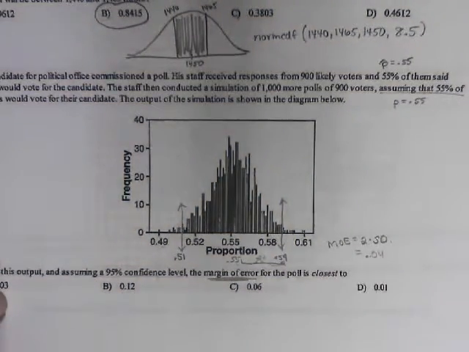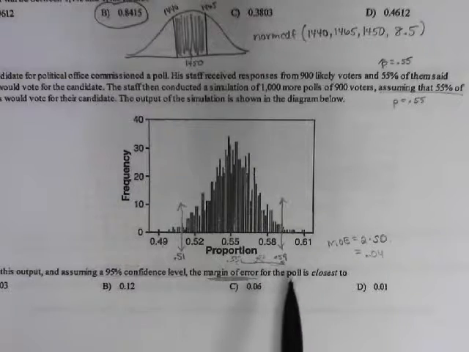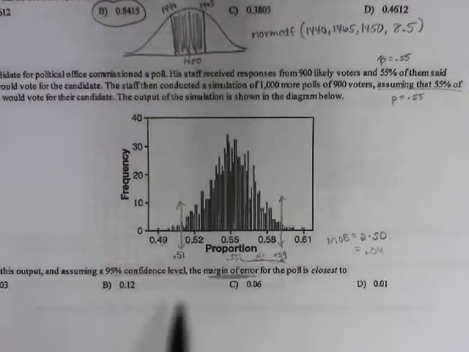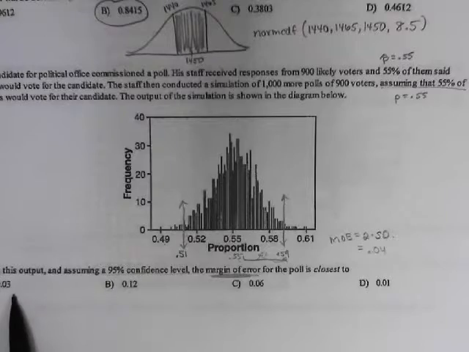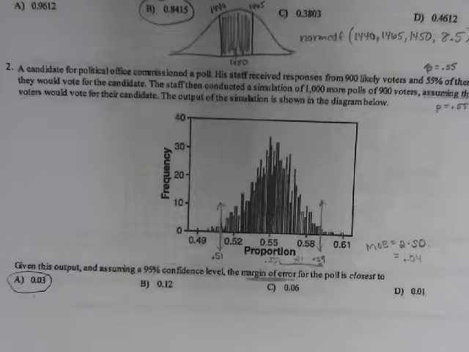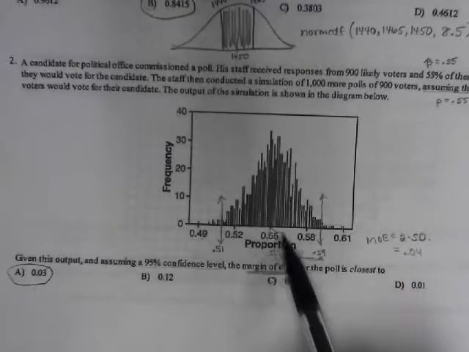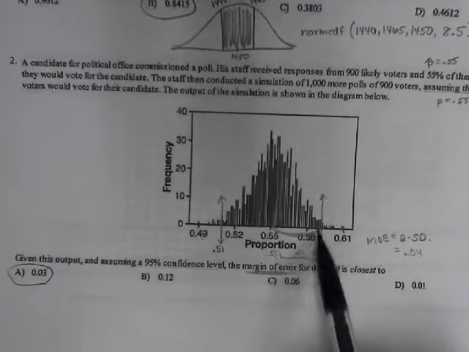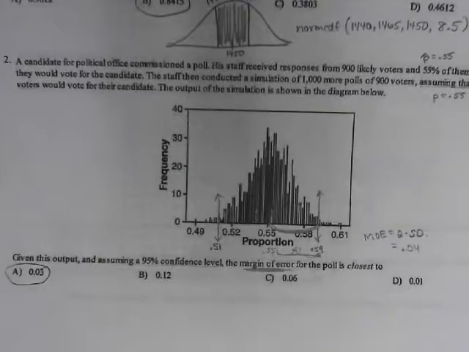So your margin of error is just 0.04, and it does say closest to, and so 0.04 is closest to 0.03. So that's a game of estimating kind of your 95%, and then that will be 2 standard deviations, and 2 standard deviations is the same as your margin of error.